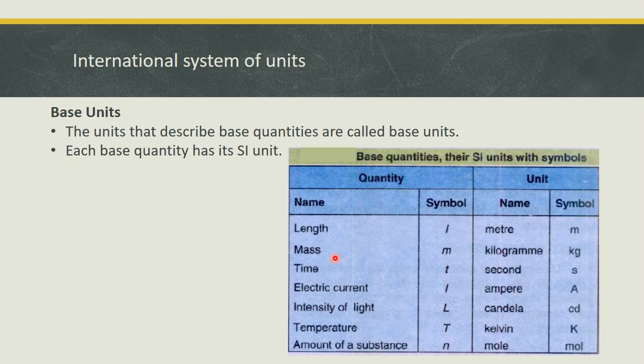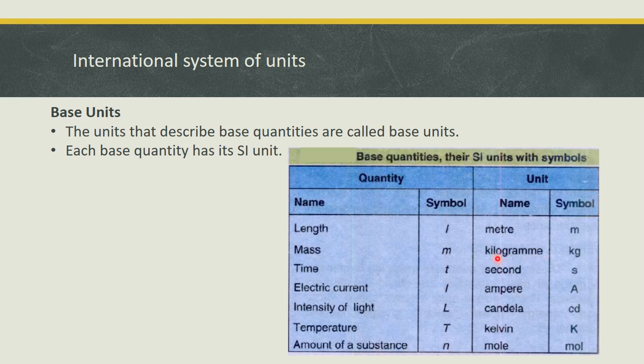When you are writing the symbol for the quantity of mass, we use m. But when we are using this m for the unit, this m means meters. So remember this difference. Don't confuse these two m's with each other.